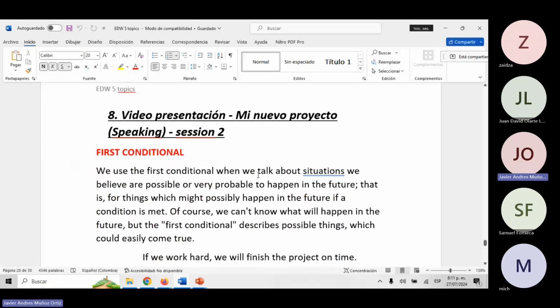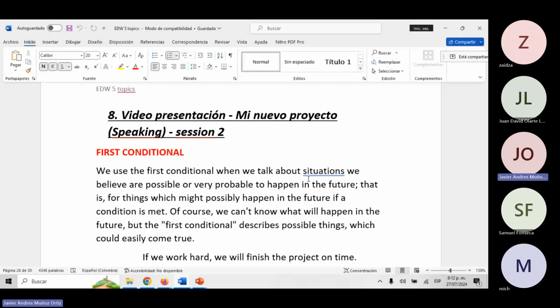This is today's topic. First conditional is going to be used when we believe something is very probable, something is very possible to happen in the future. However, we don't know the future, so we have no certainty, 100% certainty, that something is going to happen.